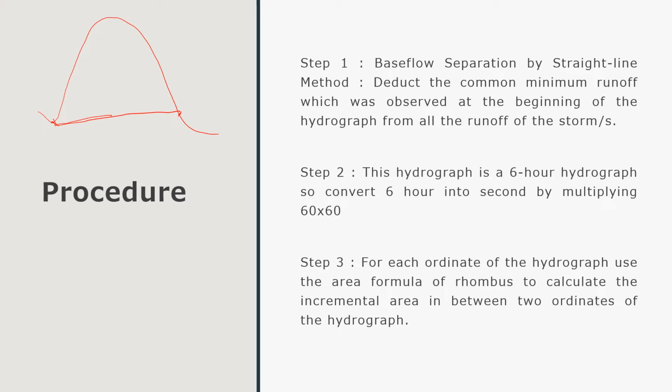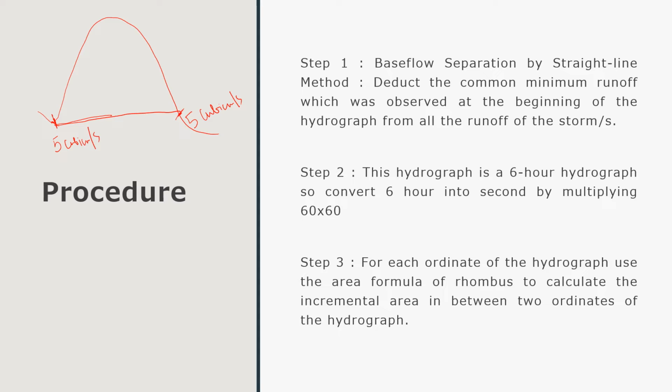Now if you observe all the ordinates of the hydrograph, the beginning point has a value of 5 cubic meter per second. And also at the end of the hydrograph, the same ordinate was observed, 5 cubic meter per second.